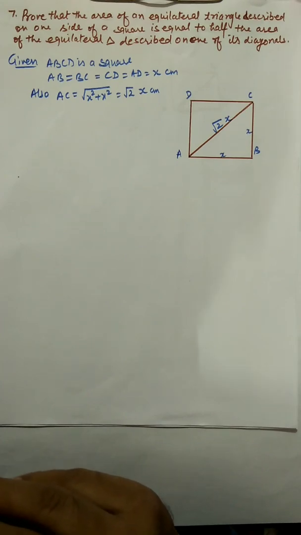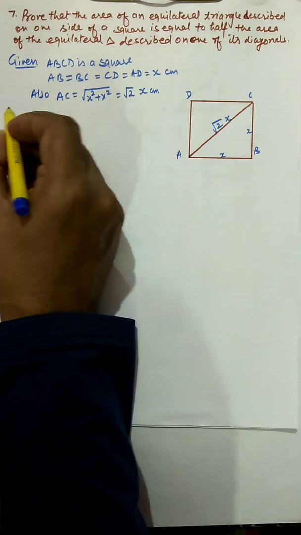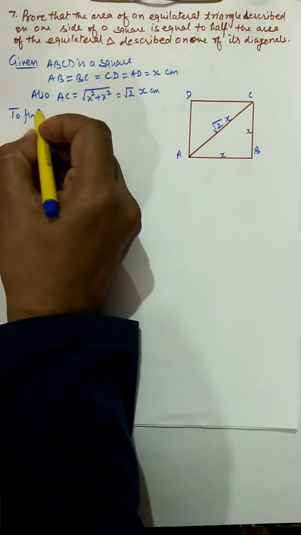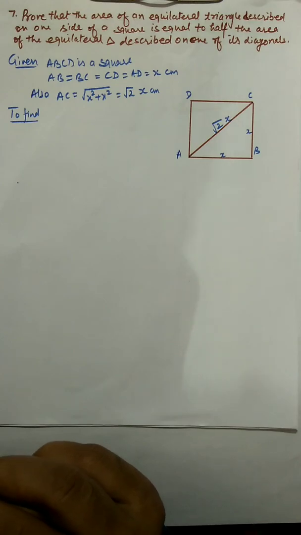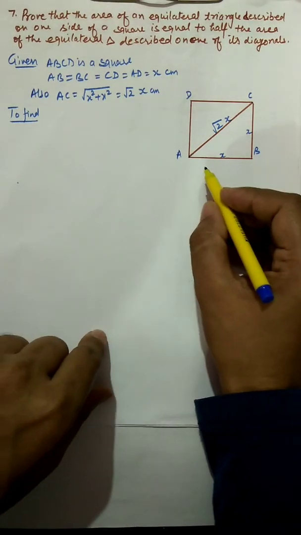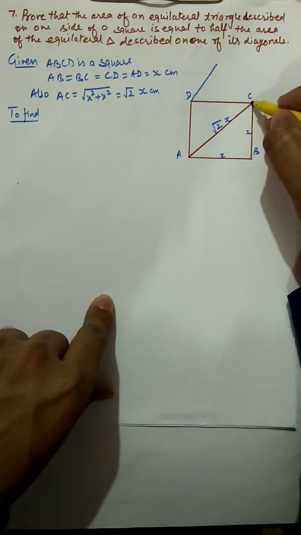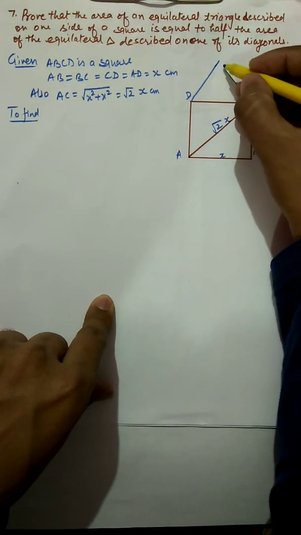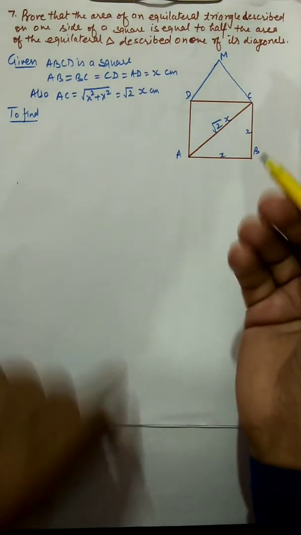Now according to this question we write this to find. We have to find the area of an equilateral triangle described on one side of a square. So let's say on this side we draw an equilateral triangle, let's say this is M, this is one triangle.